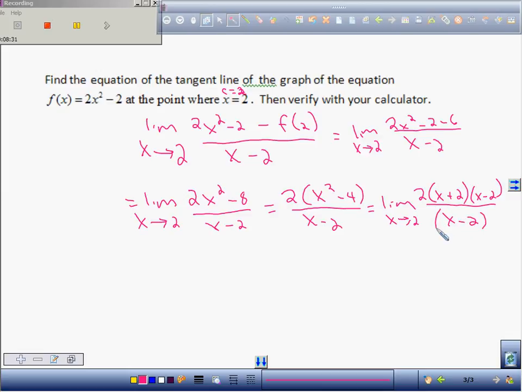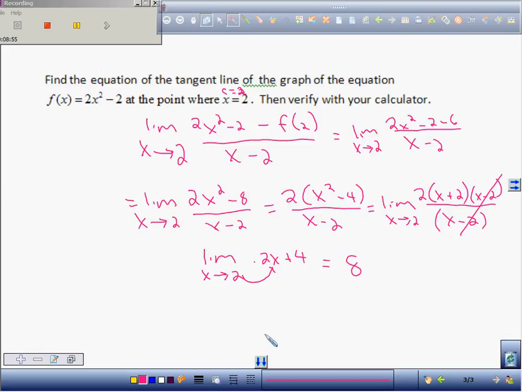Then I can cancel out those x − 2. What I'm left with is the limit as x goes to 2 of 2 times (x + 2); if I distribute that, I get 2x + 4. Now I can plug in 2, and I get 8.